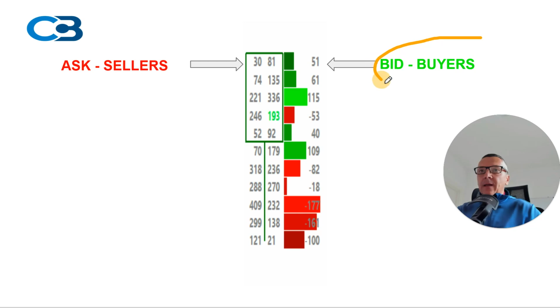Pretty straightforward. So just remember, ask is the sell side, and on this side we have the buyers. Okay, but when you look at this footprint, all these orders on each side of the market are executed orders. So when I say executed orders, I mean they've actually pressed the sell side or the buy side of the market.